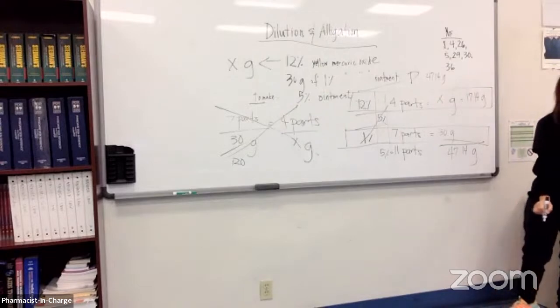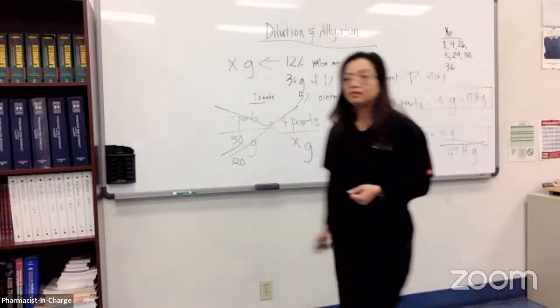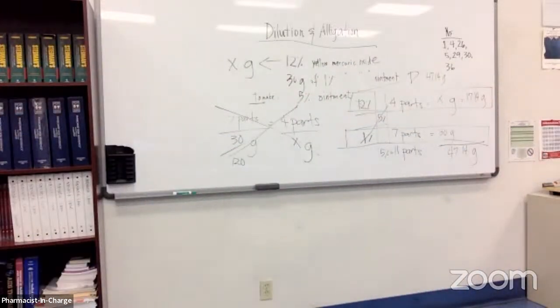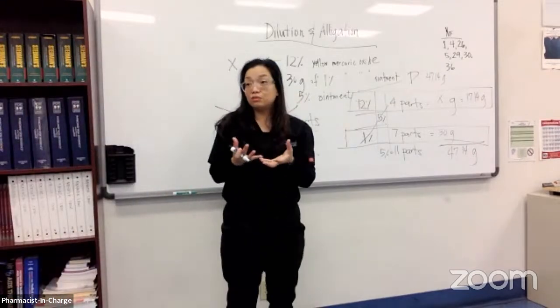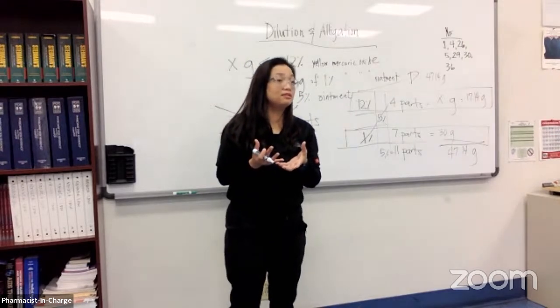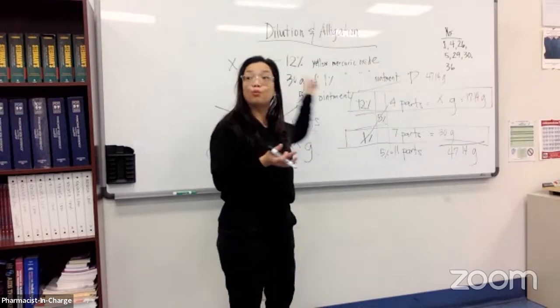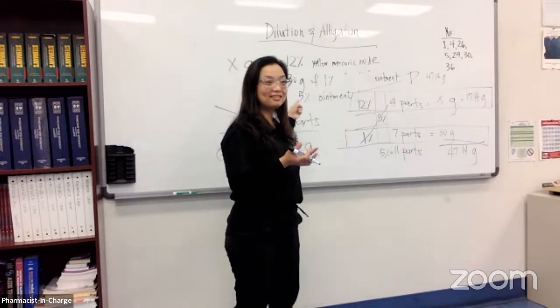Okay. Did you see that? Because sometimes the question is, how much is this ointment's final volume in total weight? Remember, ointments are semi-solids. That's why it's weight over weight. See that?